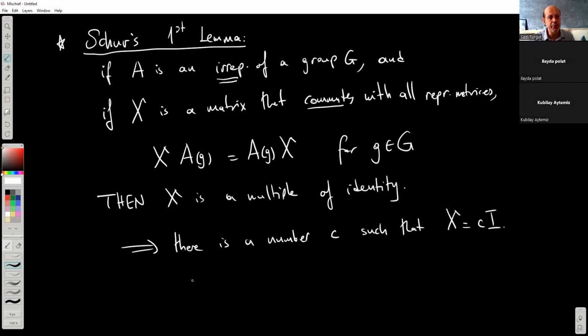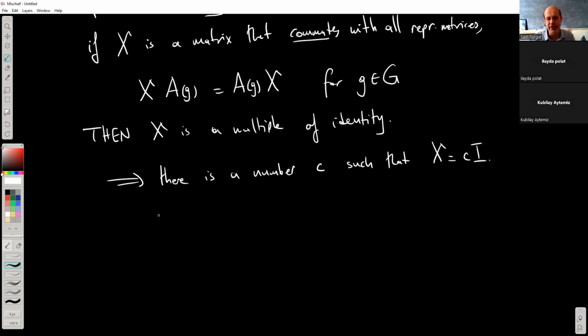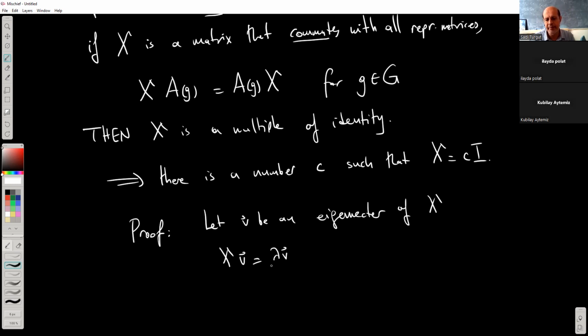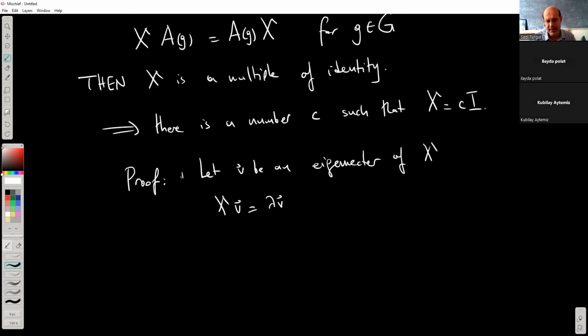There's a proof in here, but I'm just going to sketch it quickly; these are also explained in the notes. So let me write the proof, but it's just a very short sketch. First of all, we solve the eigenvalue problem. Let V be an eigenvector of X, so X applied on V is equal to lambda V. That's the first step.